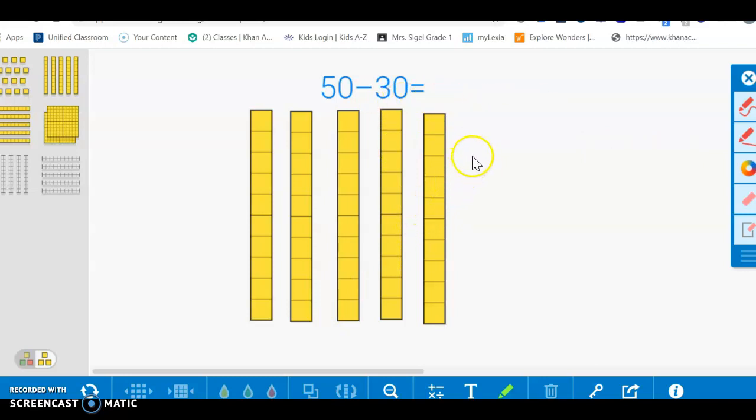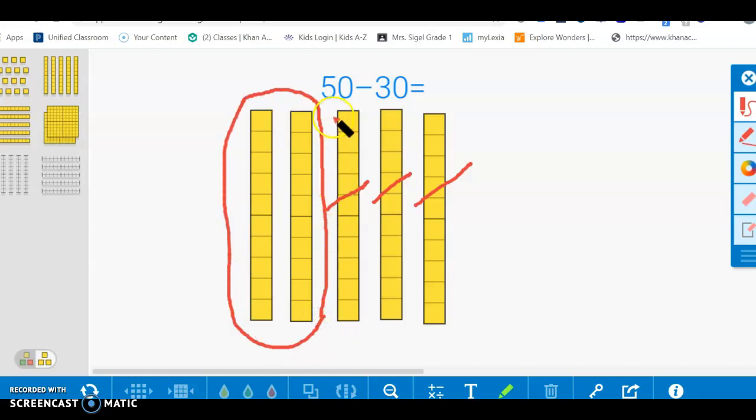So I'm going to cross out 3 of my tens and I'm going to count by tens just to make sure. Okay, so count with me. Ready? 10, 20, 30. There's my 3 tens and here's what I have left. I have 2 tens left.